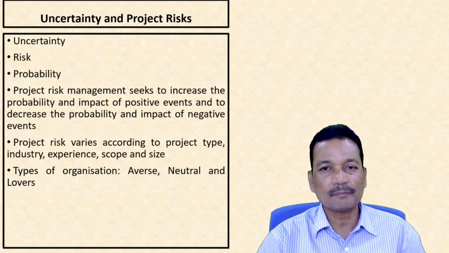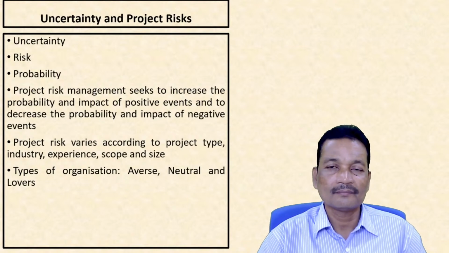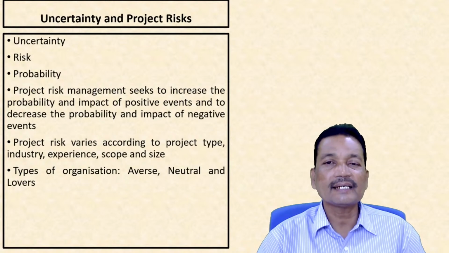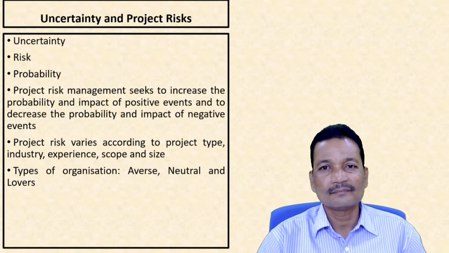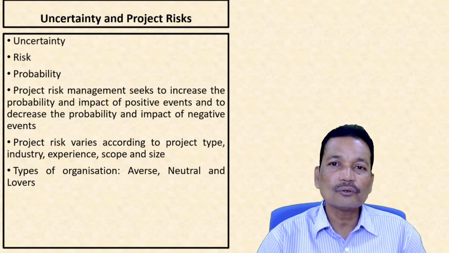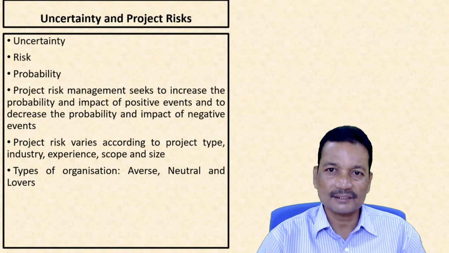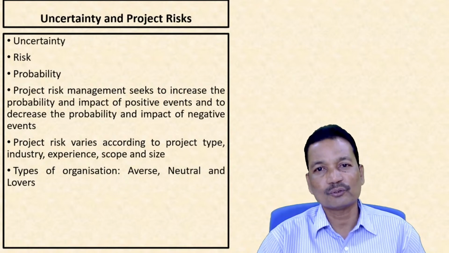Suppose I say chances of having rain in the rainy season is 80%. That means out of 100 days, 80 days it will rain. Remaining 20 days it will not rain. Now, out of these chances, we do not know which one is going to happen, but we take these chances into account for our project.